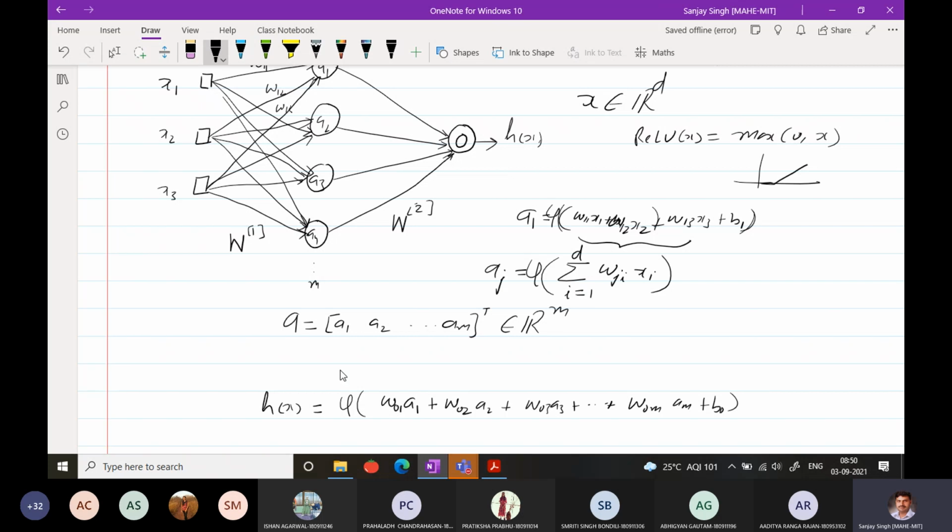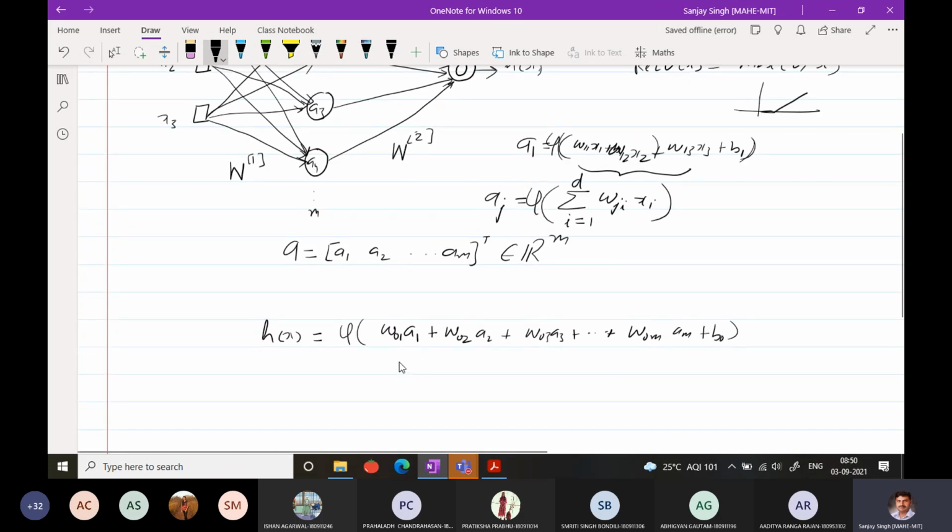Now, suppose your activation function at the output is linear, what will be the h(x)? How should I write h(x)? When you say linear, suppose phi is an activation function which is linear, so whatever x is there, the same x will appear. This is a linear function, right?